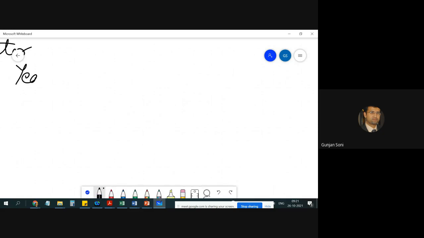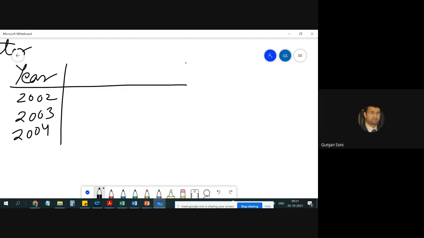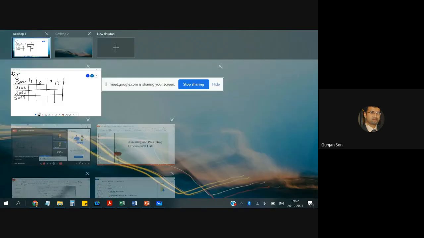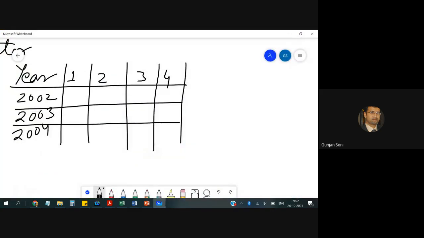Year 2002, 2003, and 2004. So we have 3 years of data for each quarter. Each quarter is 1, 2, 3, and fourth quarter data we have. Then we fill it with 12.6 over here.